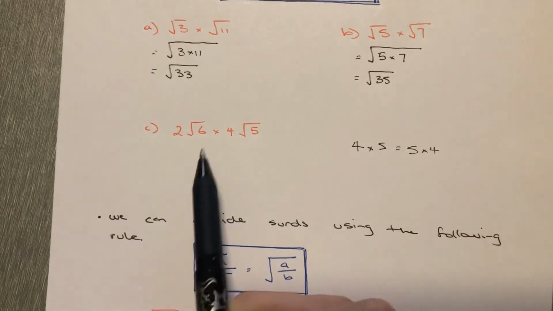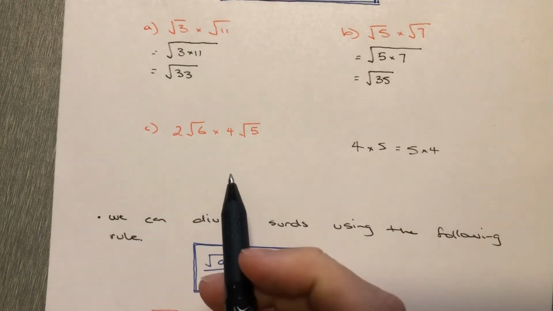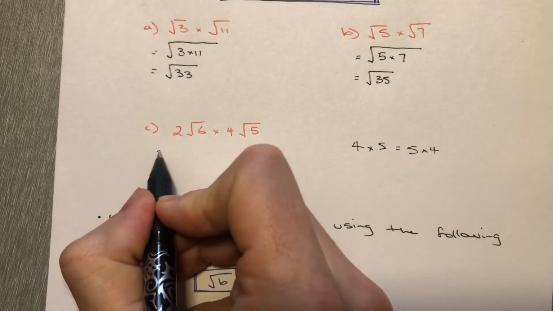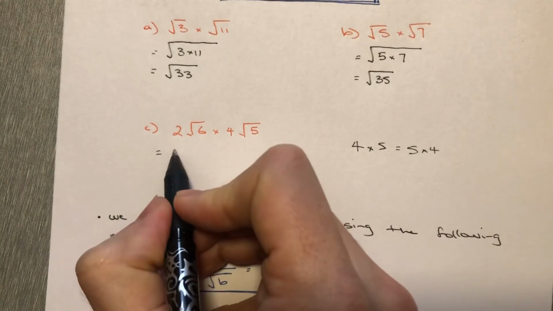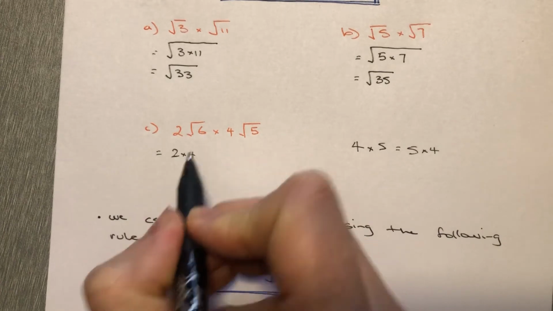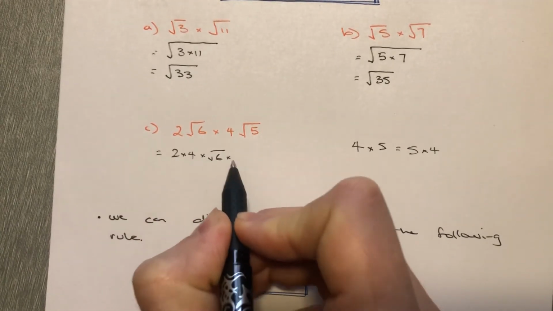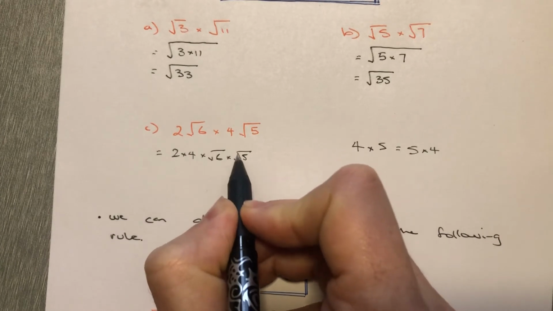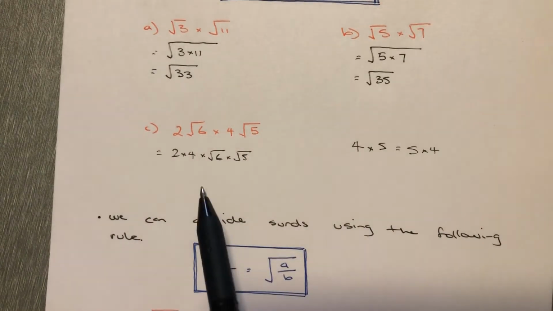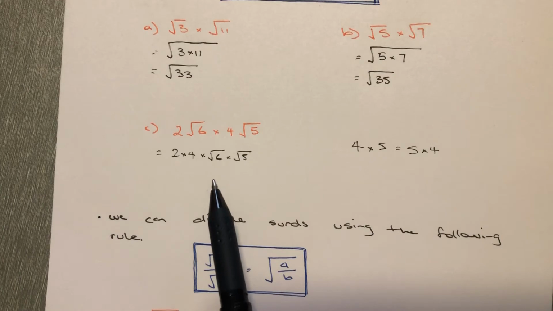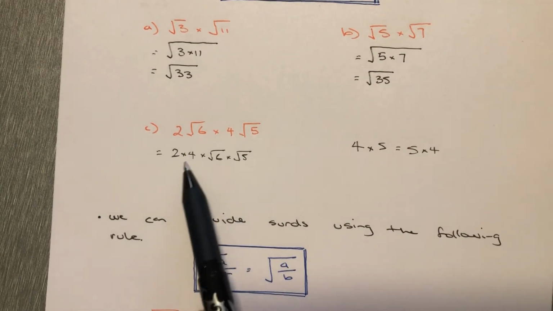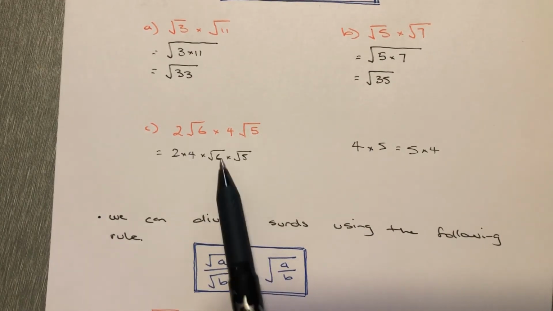So if it makes it any easier for you, you can rearrange this. Now you don't have to do this. The 2 and the 4 could go together, so 2 times 4, but then we could do our square root of 6 and then our square root of 5 as well. Now you don't have to, as I said, but it might be easier for some people because you've got your normal numbers together and then you've got your square roots together as well.